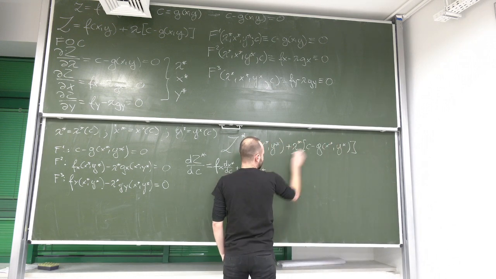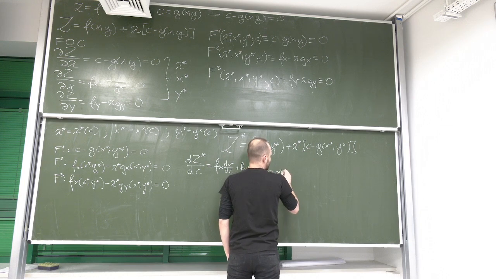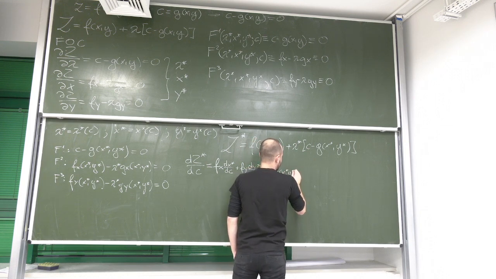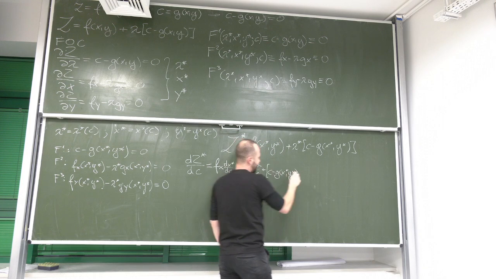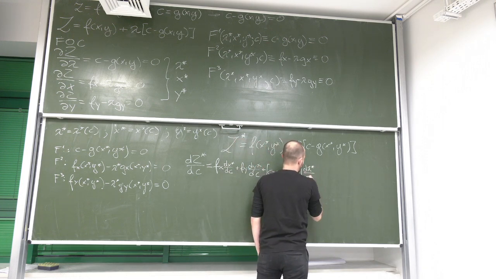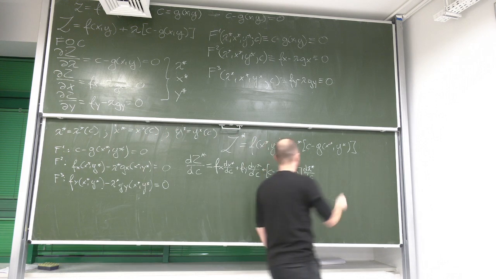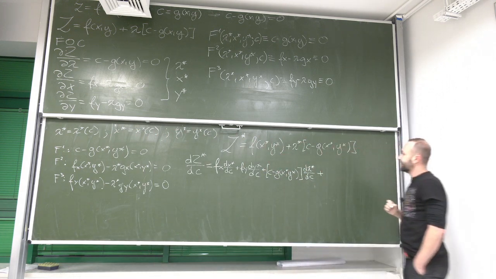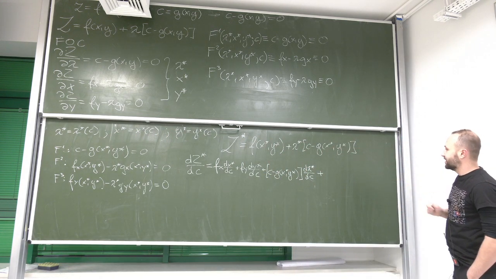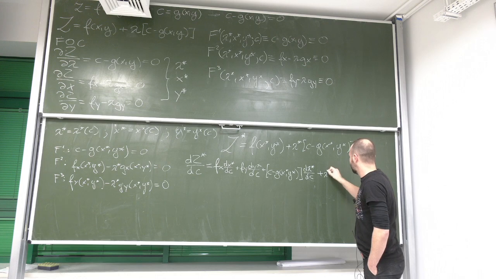So we would get this expression, c minus g of optimal x and y, times the derivative of lambda with respect to c. And finally, in the last expression, we are assuming that this stays the same, right?